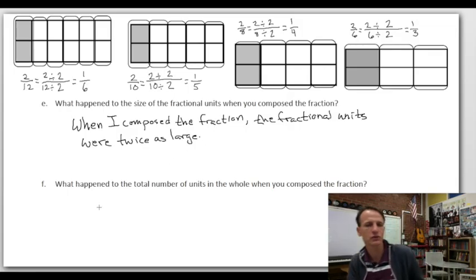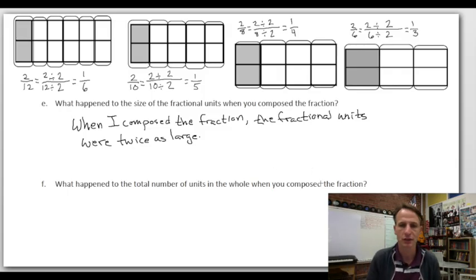Groovy. Now what happened to the total number of units in the whole when you compose the fraction? So the total number of units, again, looking at this one or any of them, like here we started with 12 units and we went down to 6. So when I compose the fraction, I guess we can start with that same little opening.